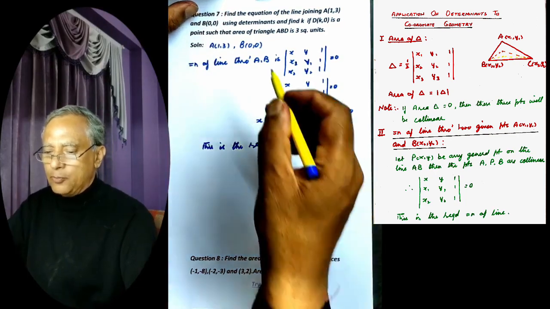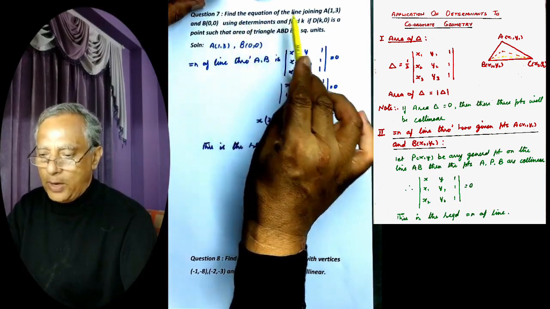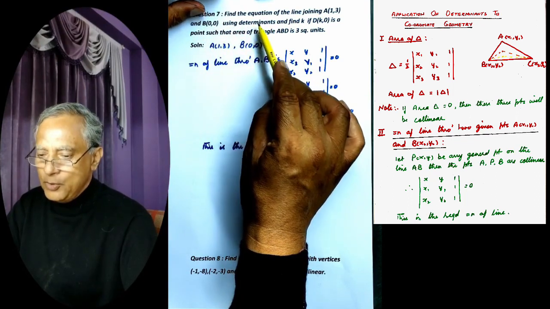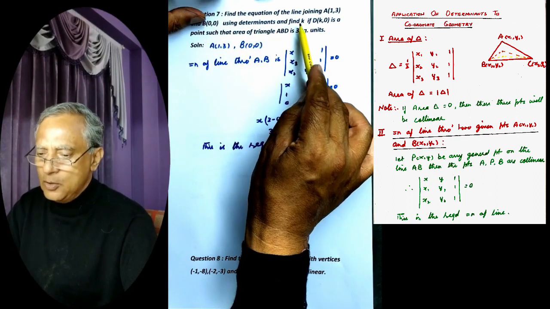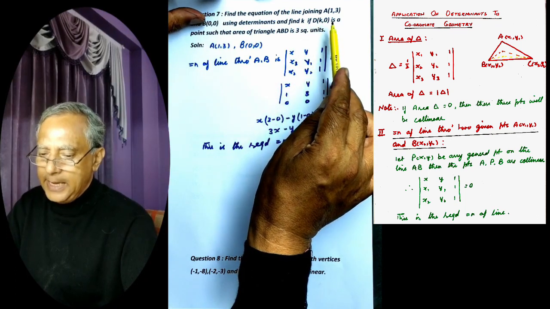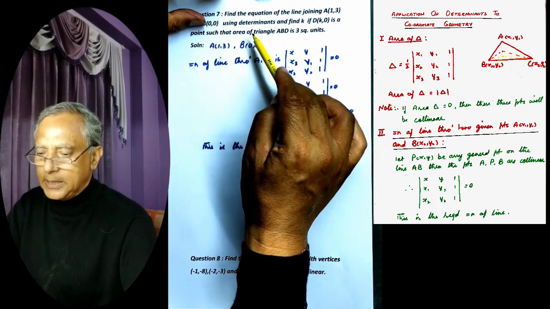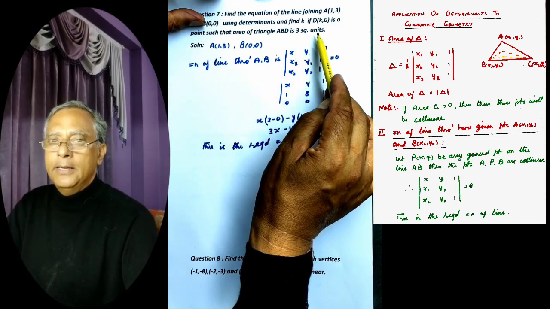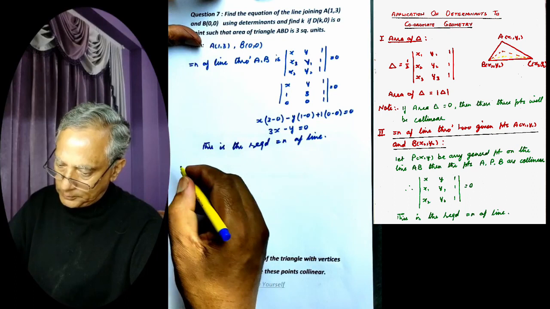Now, the first part of the problem is answered: find the equation of the line joining these 2 points. Now, the second part: using determinants, find k if D(k, 0) is a point such that the area of this triangle is 3 square units.